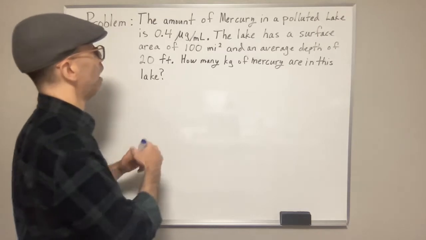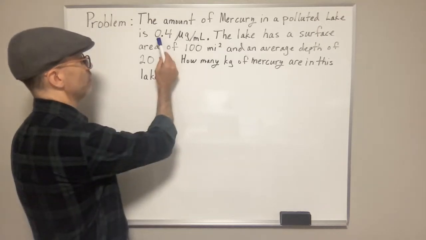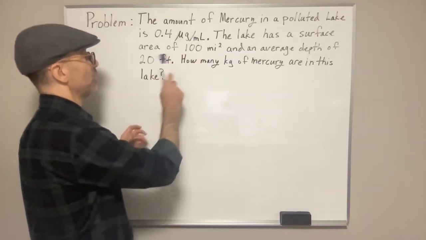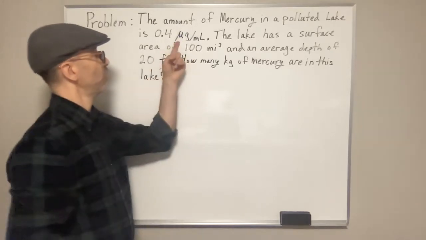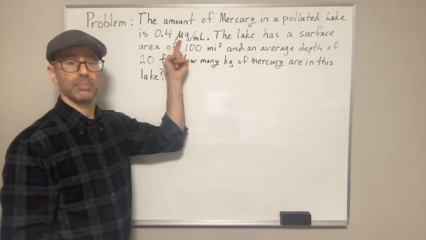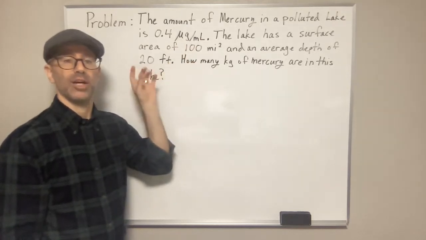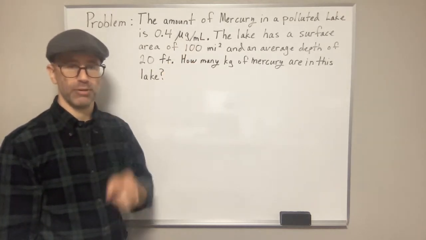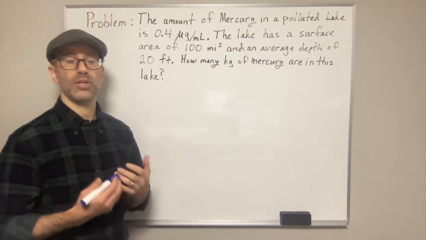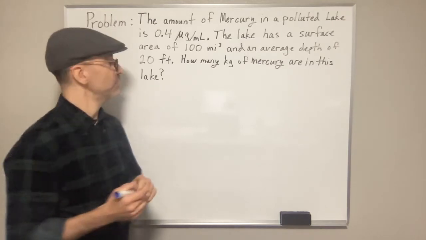This is the concentration of the mercury. Notice they're giving us micrograms per milliliter. Whenever they give you a unit per unit, you should be thinking conversion factor. So the first thing we want to do is pull out the conversion factors.